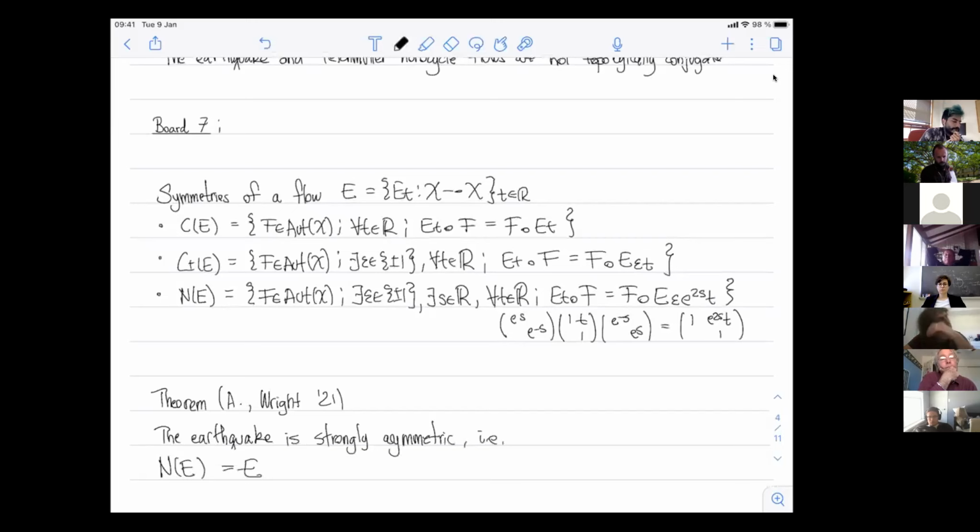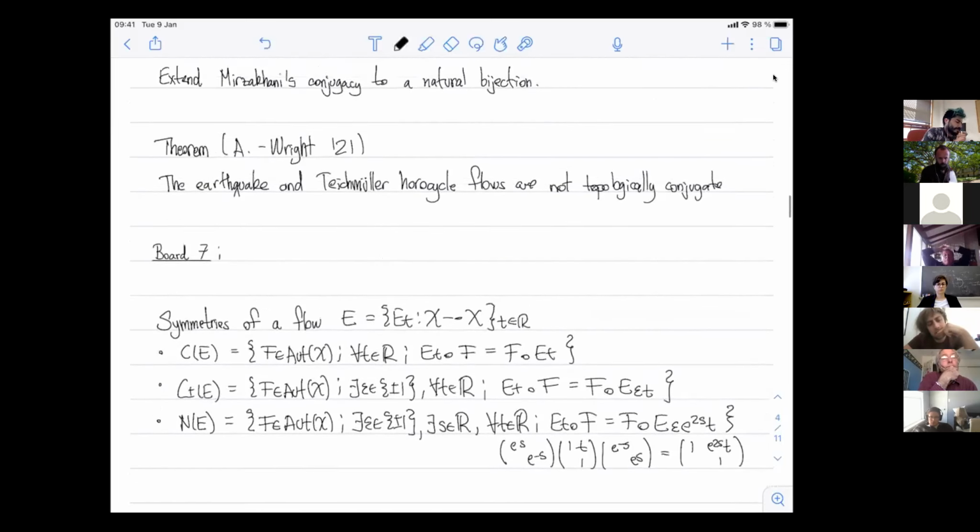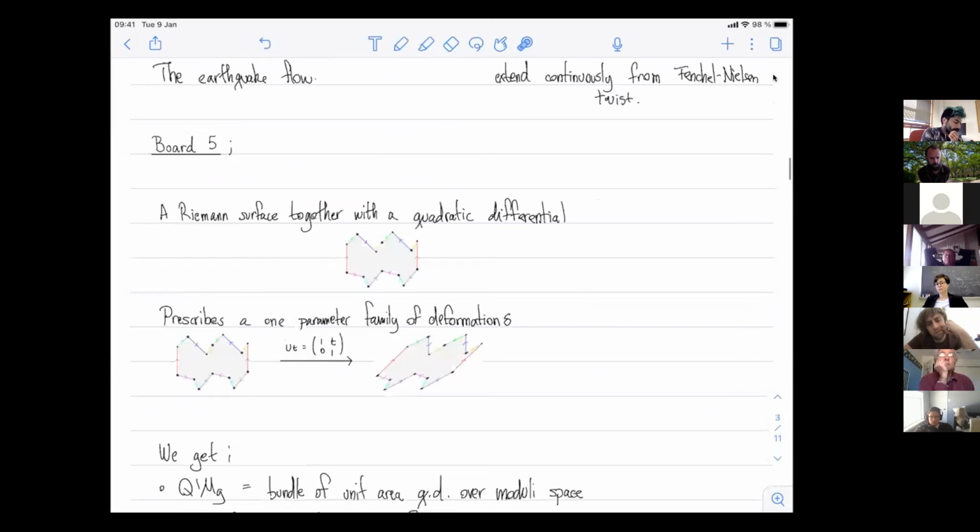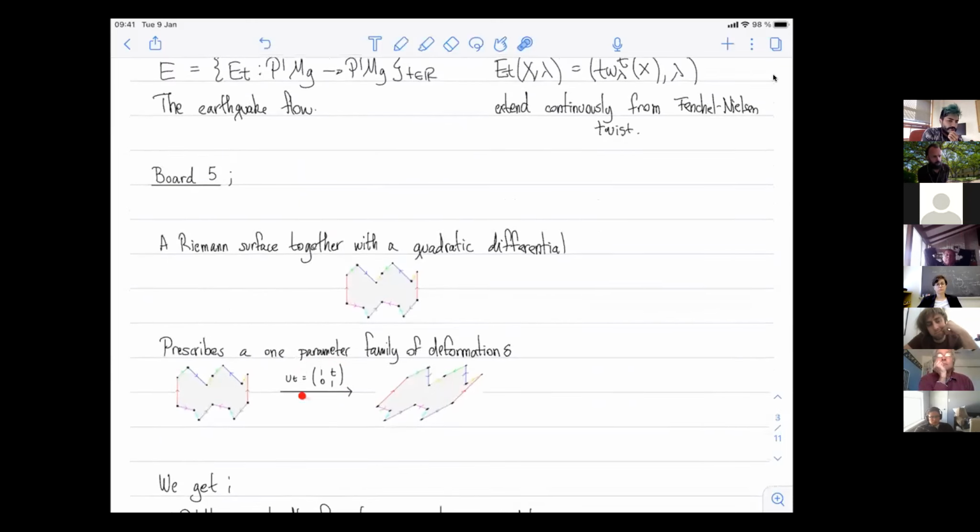And right away from this theorem, you can see that this question about conjugacy follows. Because the earthquake flow, according to this theorem, has no extra normalizer, but you can right away see that the Teichmüller horocycle flow has automorphisms in its normalizer group. What are they? Well, here you would just apply this unipotent matrix.